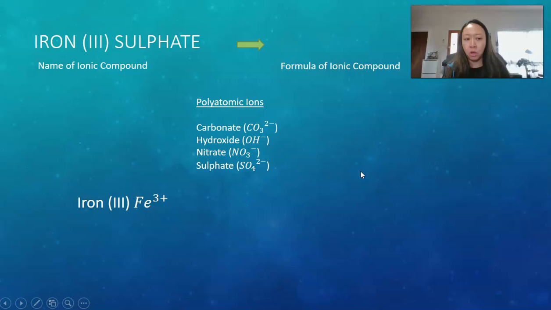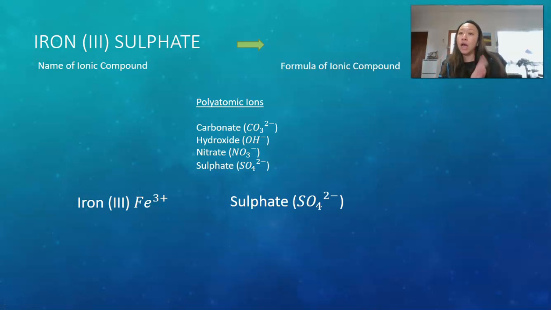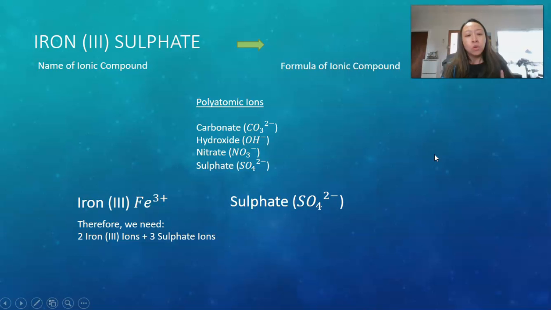So how is this going to work? Iron has a positive 3 charge, so it needs to give out 3 electrons. Sulfate says no, I can only receive 2 electrons. So how is this going to match? We need to be thinking about the lowest common multiple.